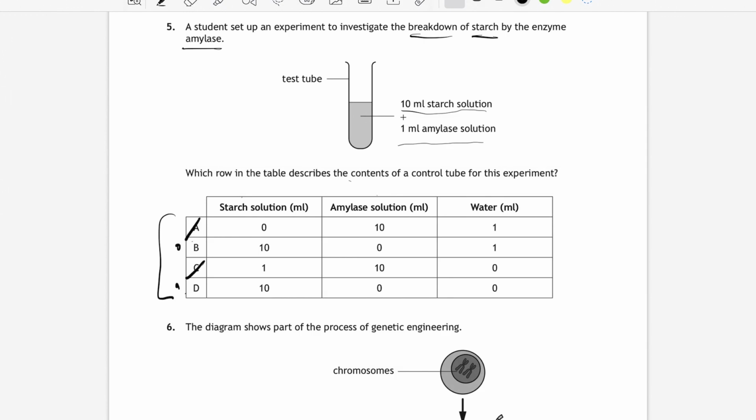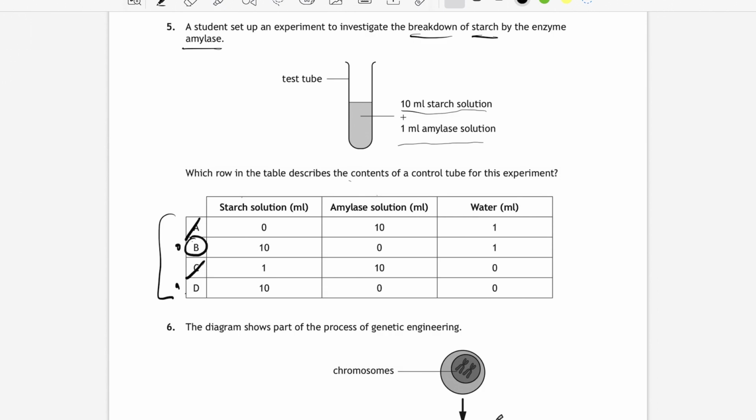They've left 10 mils of amylase, much more compared to the starch solution. They basically swapped them around, and you're not really going to prove anything at that point, and you're not controlling anything or showing that this experiment is in any way valid. So what you want is to remove the amylase solution. Our answer here is B.